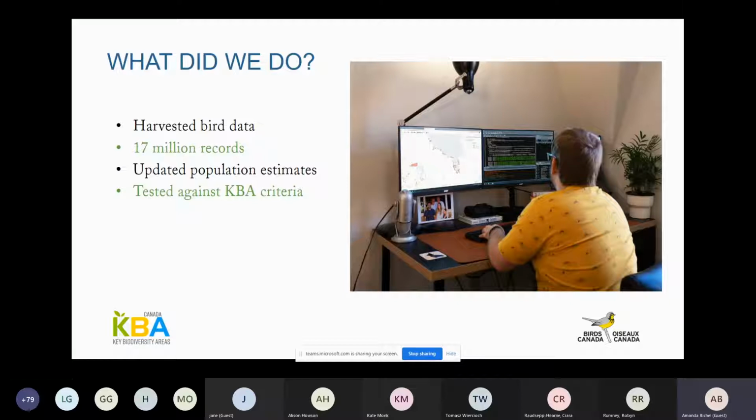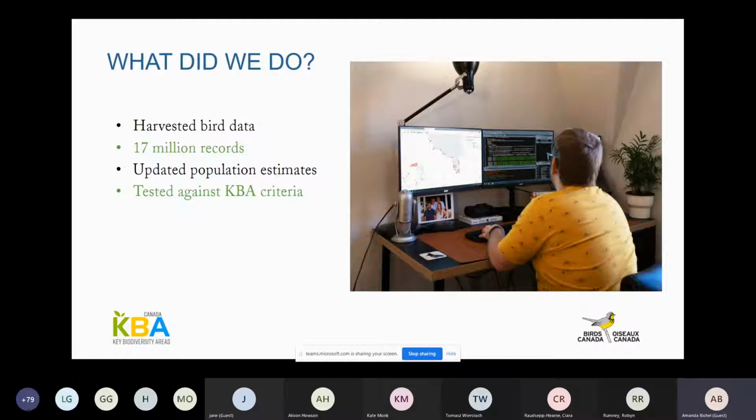First, we harvested bird data, and it was about 17 million records. Then we updated all population estimates using BirdLife International, Partners in Flight, and COSEWIC data. Sorry, I'll back up. The 17 million records come from Nature Counts, our data storehouse that Birds Canada manages.